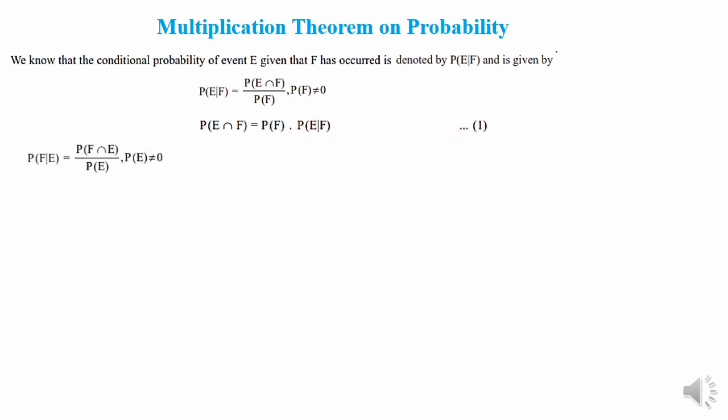Next is P of F given E. The formula is P of F given E equals P of F intersection E divided by P of E, provided P of E is not equal to 0. Same as before, go for the cross multiplication.